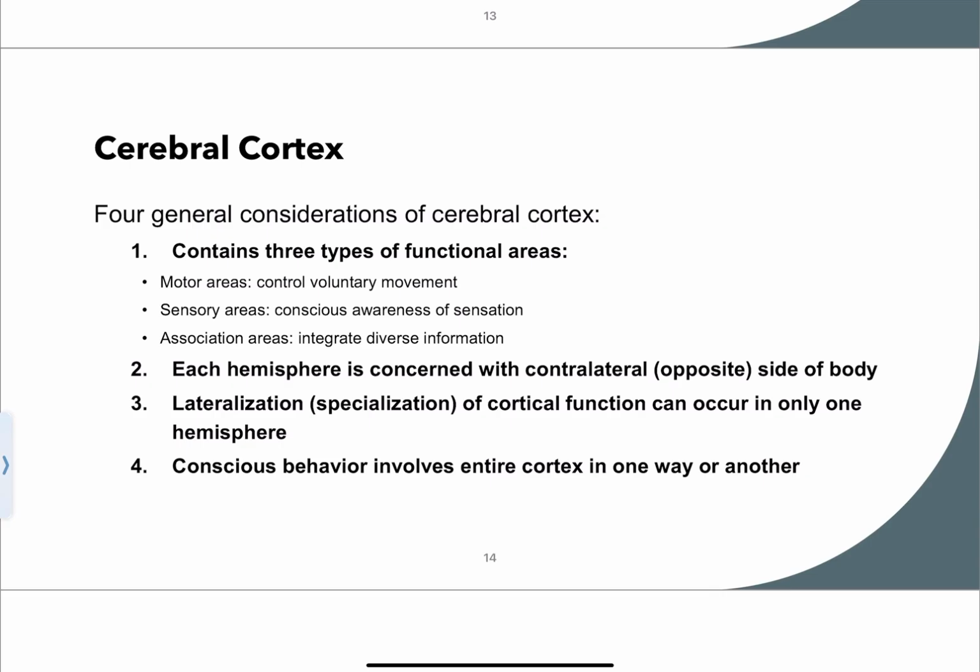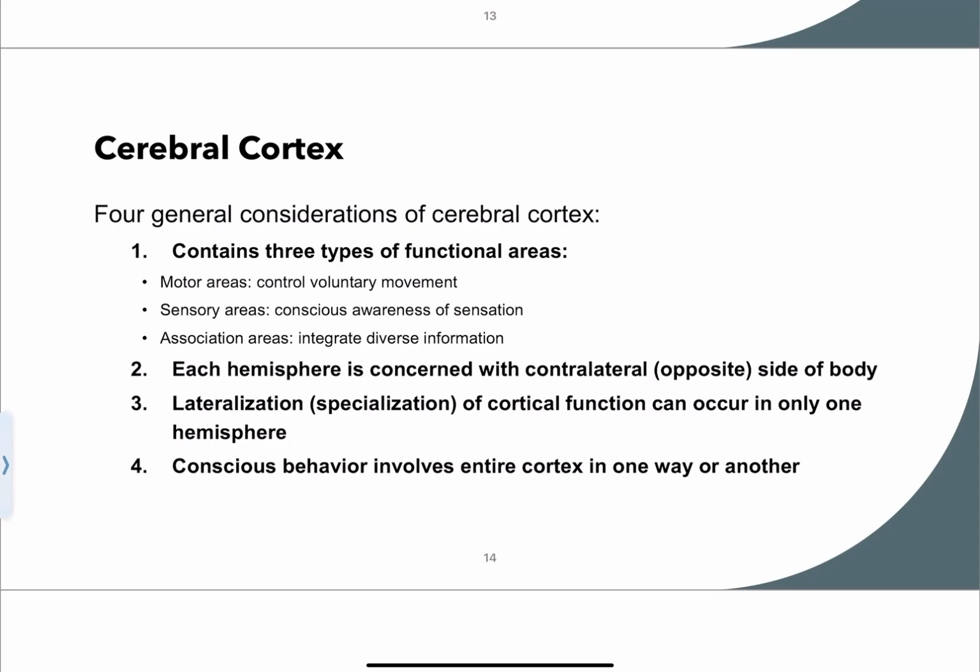Lateralization is another term. This is also referred to as specialization of cortical function, which can only occur in one hemisphere. Even though our cerebral hemispheres look completely identical to the naked eye, their functions are different, and we'll talk about that in a little bit.